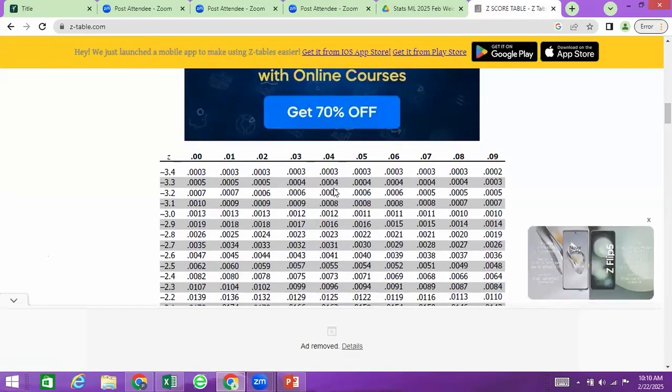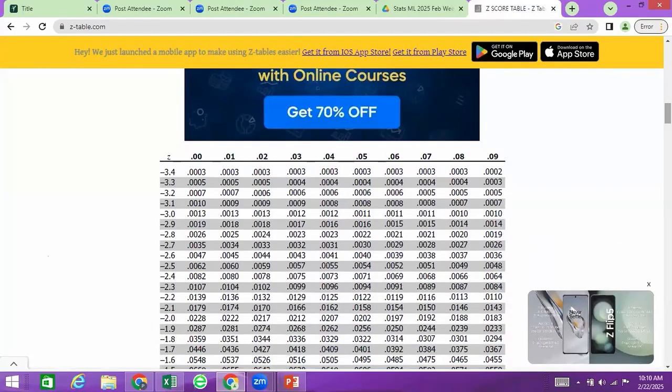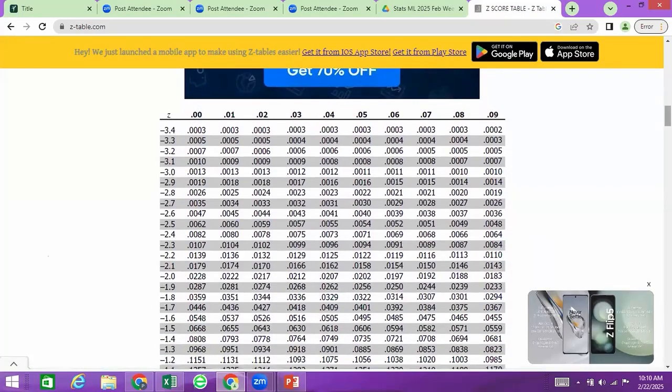So I will go till where? What is the value I need to find? Minus 1.67. So this is minus 1.6, minus 1.60, 61, 62, 63, 64, 65, 66, 67.